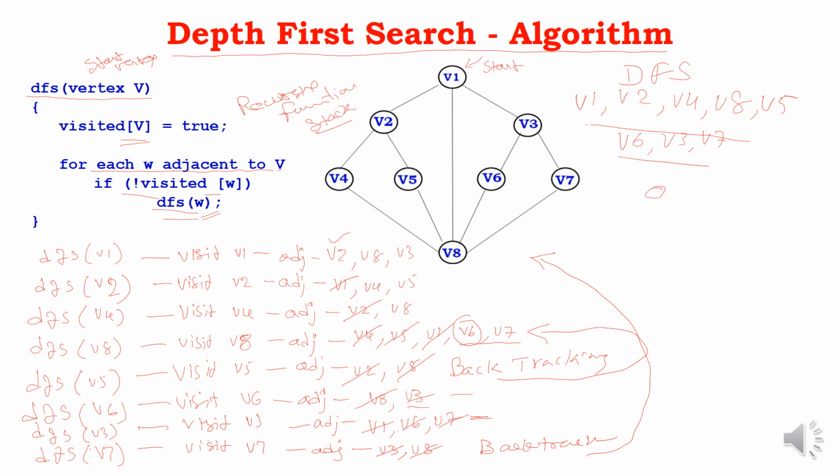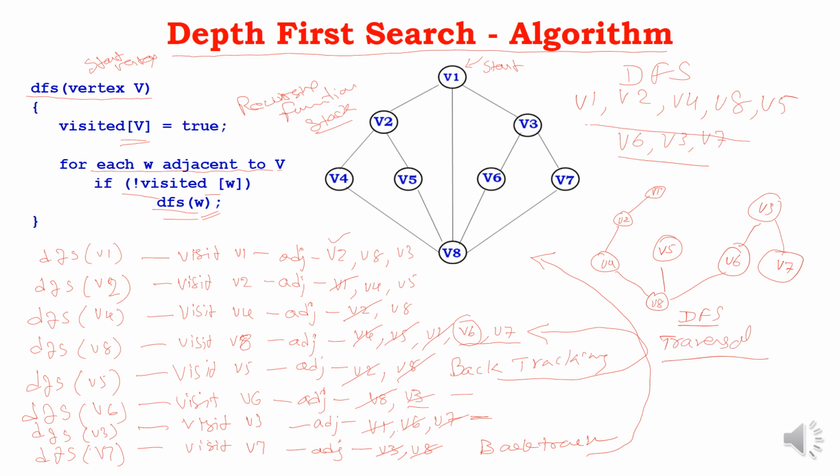You are visiting V1, then V2, then V4, then V8, then V5. It goes back, then V6, then V3, then V7. This is the order in which you have traversed the graph: V1, V2, V4, V8, V5, V6, V3, V7. Traversal in depth first search.